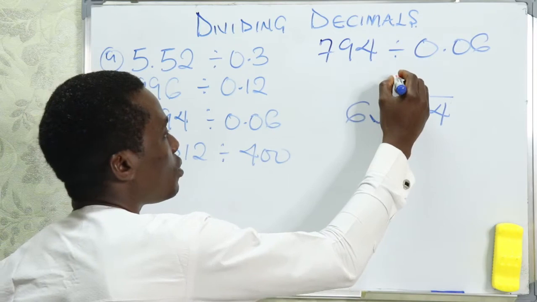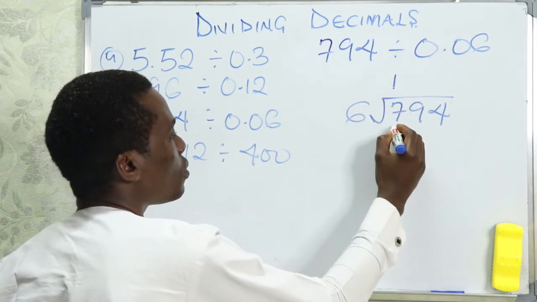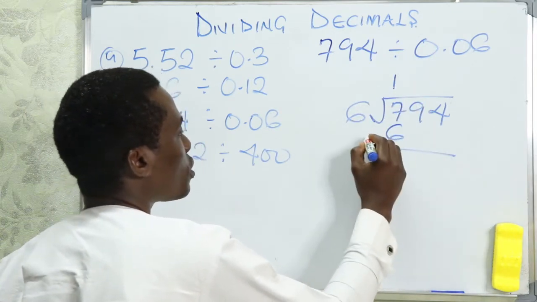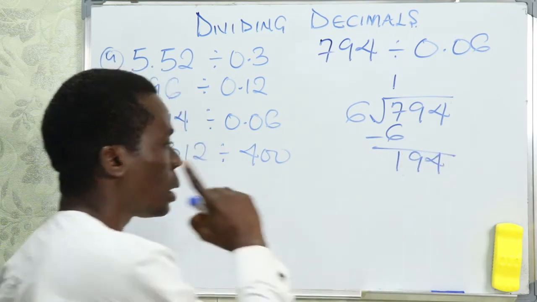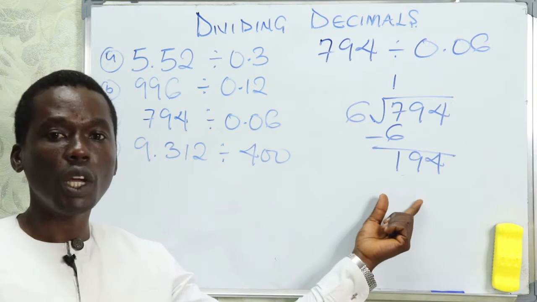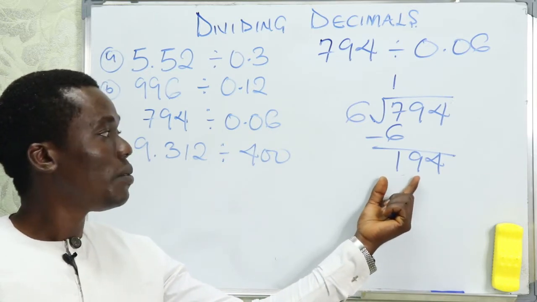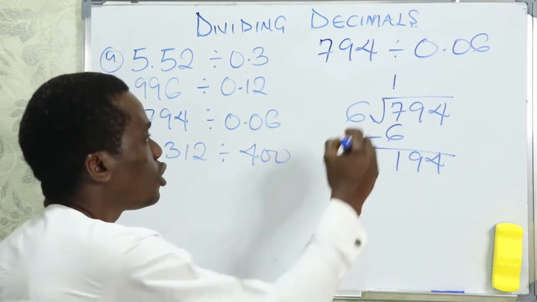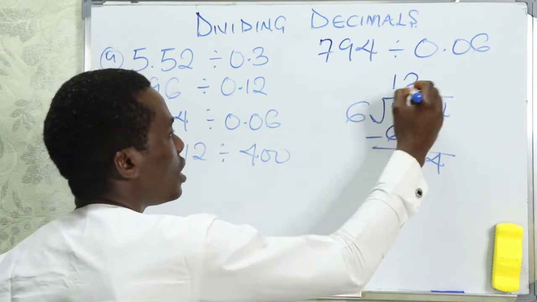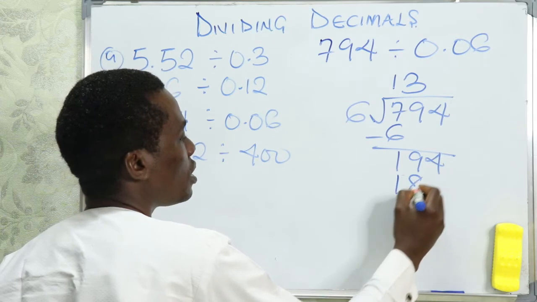Now 7 divided by 6 will give you 1. 6 times 1 will give us what? 6. So you subtract, this will give you 1, this will give you 9, and this will give you what? A 4, right? Good. Now 19 divided by 6, 6 times 3 will give you 18. So it's going to give you what? 3. 6 times 3 will give you what? 18.